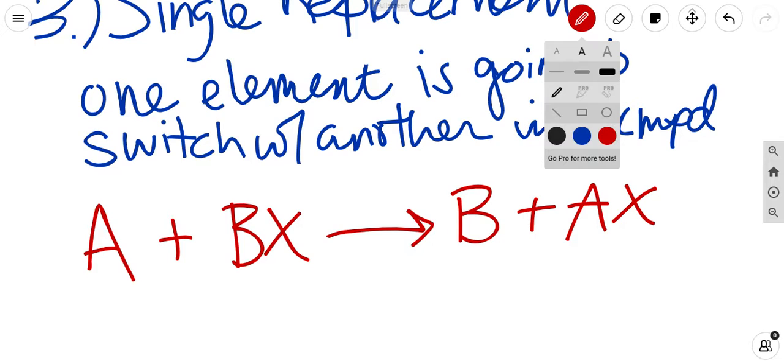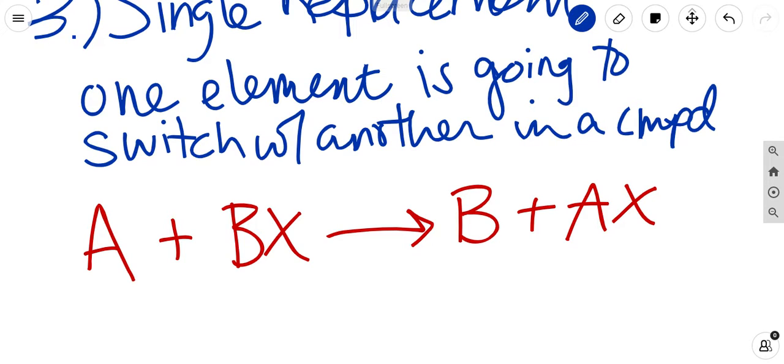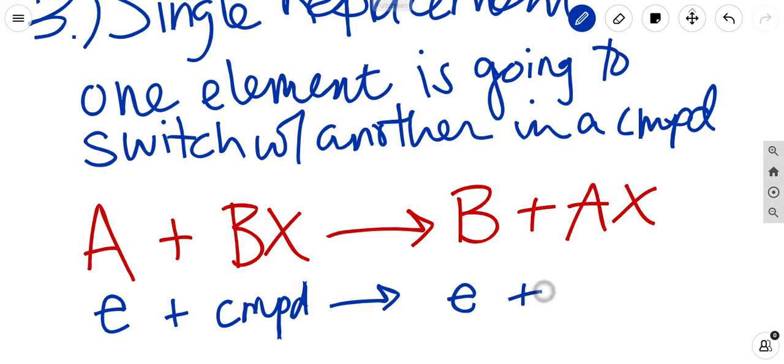So let's analyze this really quick. There's always going to be an element plus a compound, yielding a single element plus a compound.